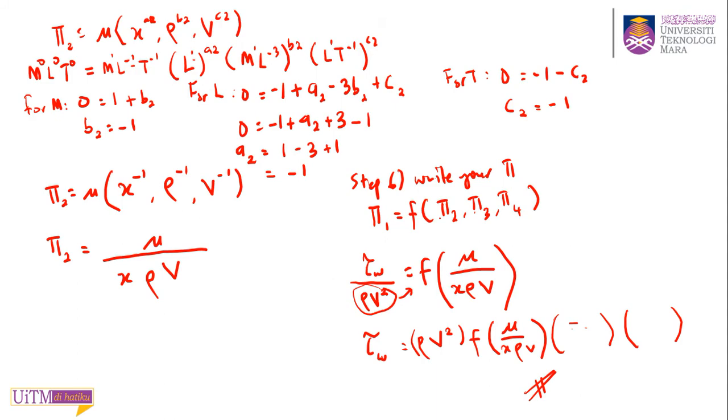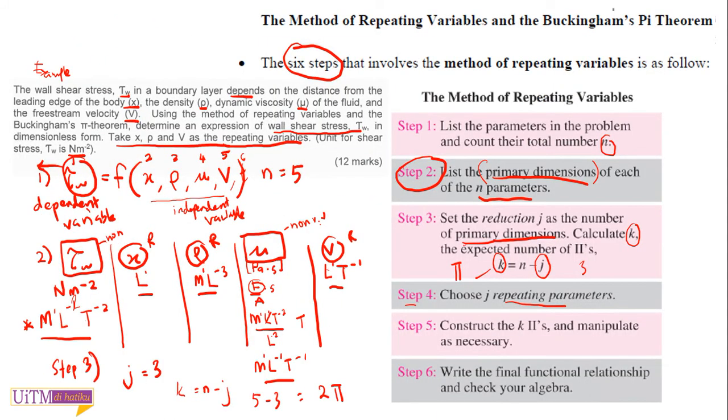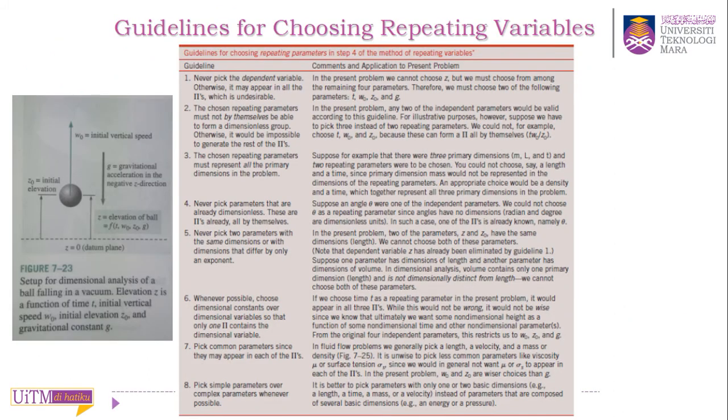Like the example I showed just now. This is from a past paper. So normally they give you the repeating variables x, rho and v. But not always. That's why we still need to know how to use this guideline to choose the right repeating variables.